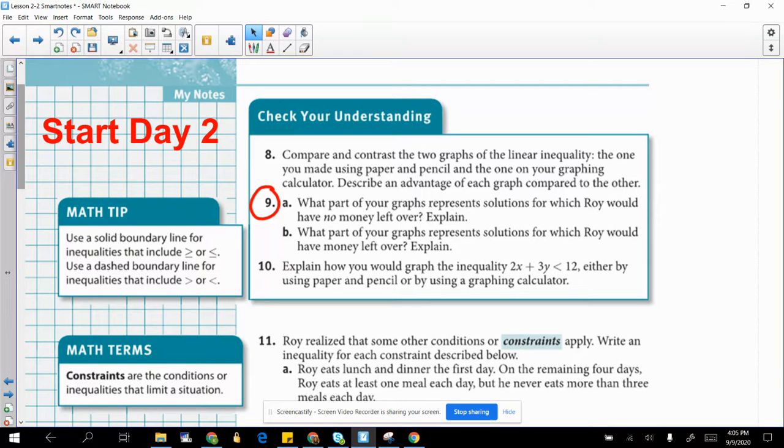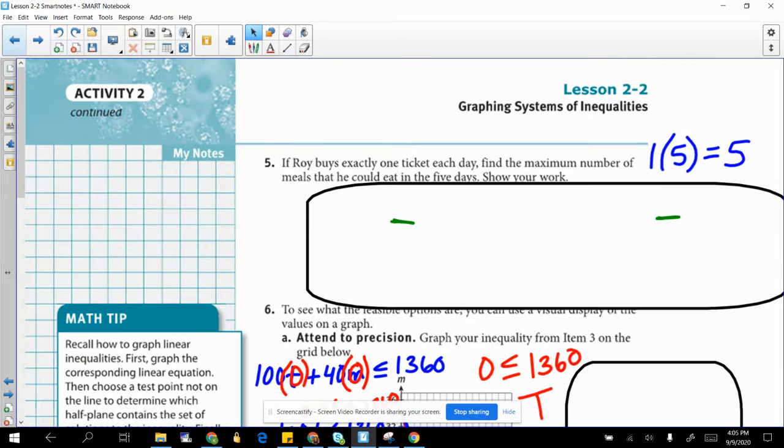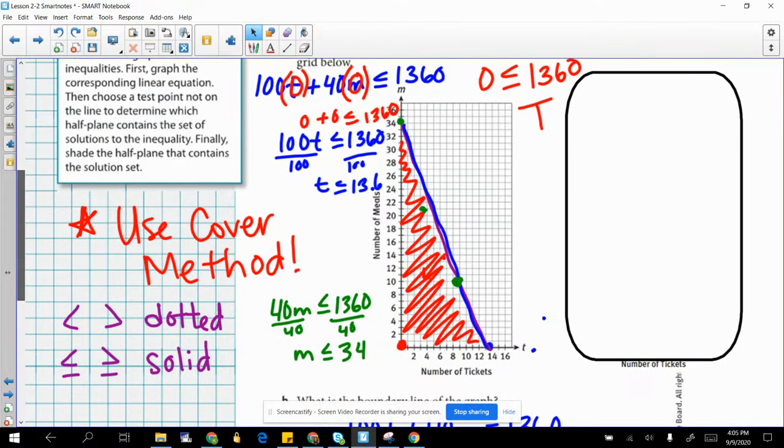And B says, what part of your graph represents solutions for which Roy would have some money left over? Explain. So again, I'll go back to our graph from last time. What do you guys think? Where would Roy have no money left over? So thinking about he spends exactly how much, that $13.60 that he has.